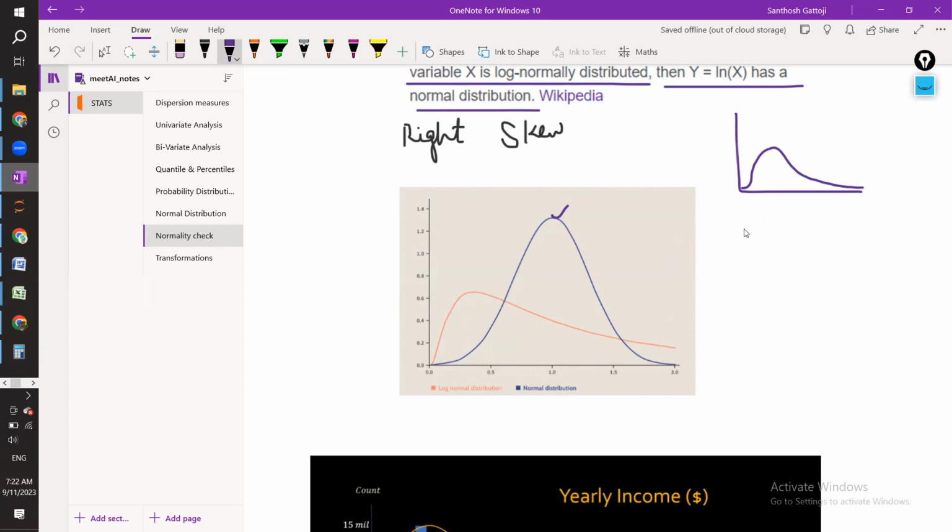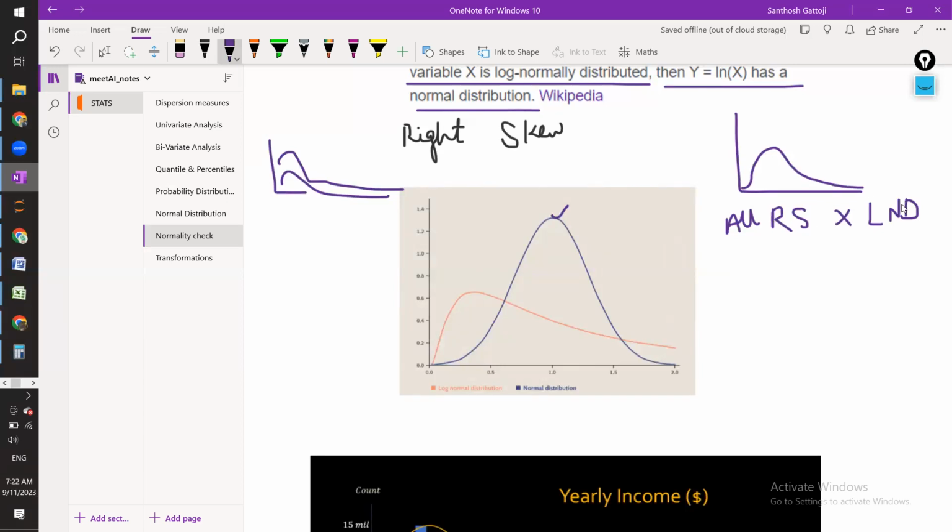But all right skewed distributions are not lognormal, because you can have lots of right skewed distributions. Every lognormal distribution is right skewed, but the reverse is not true.